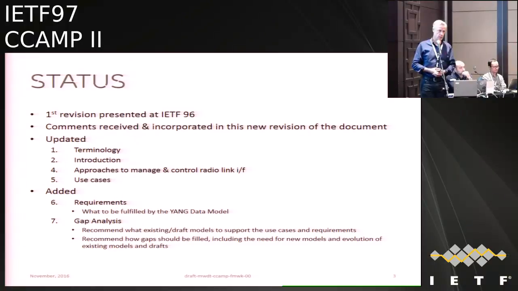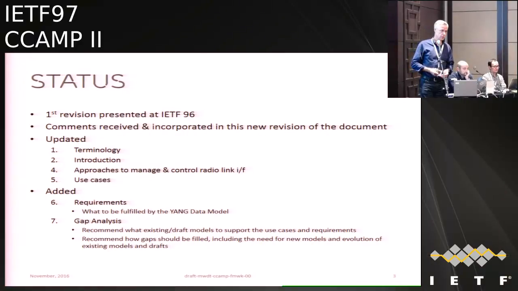And chapter 7, a gap analysis, which looks at what's existing and makes a recommendation on what existing more generic YANG data models can be used for selected parts of this requirement set, and also a recommendation on what this microwave specific model should cover and what the gaps are that need to be filled.